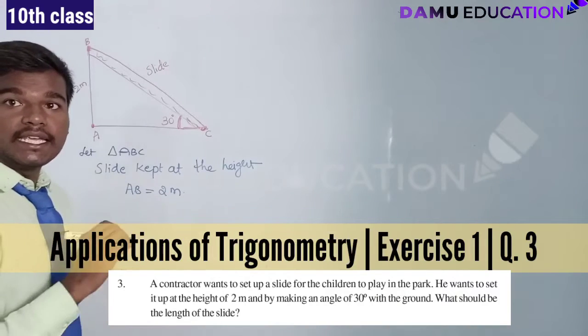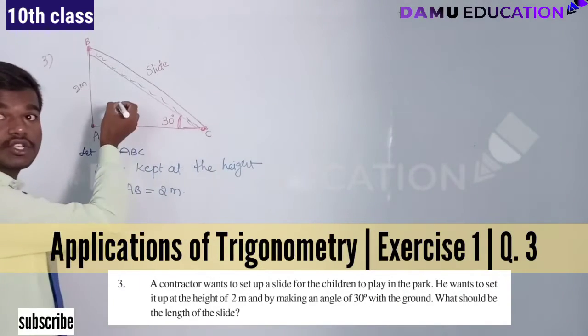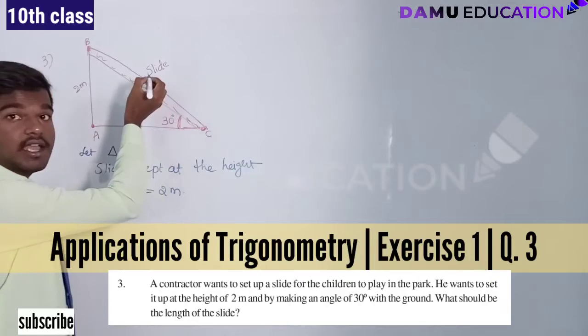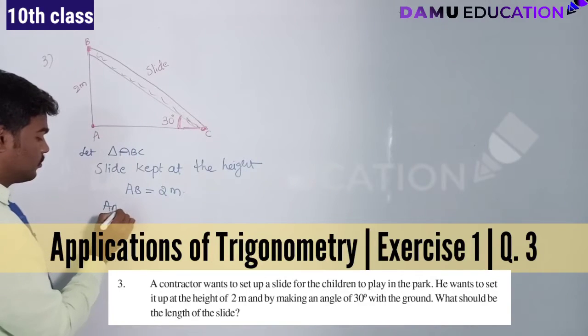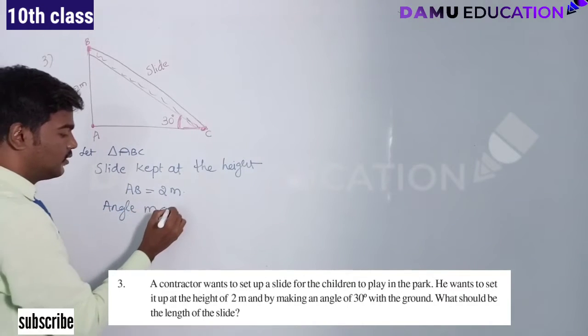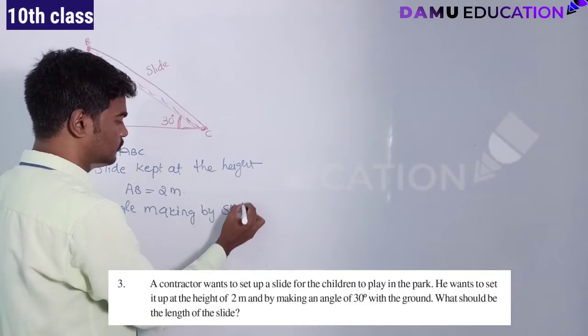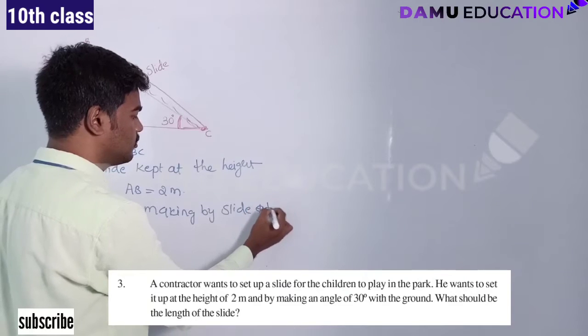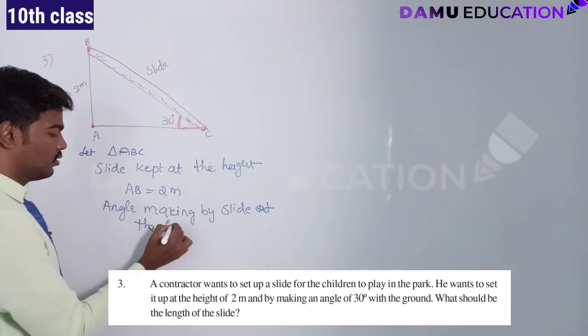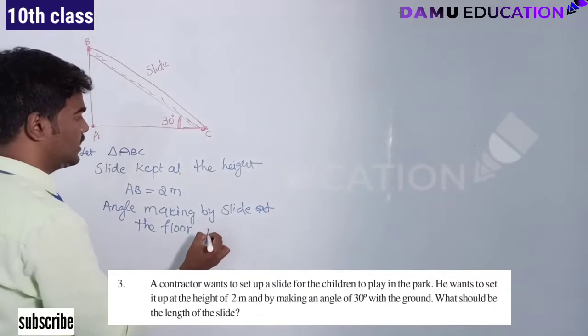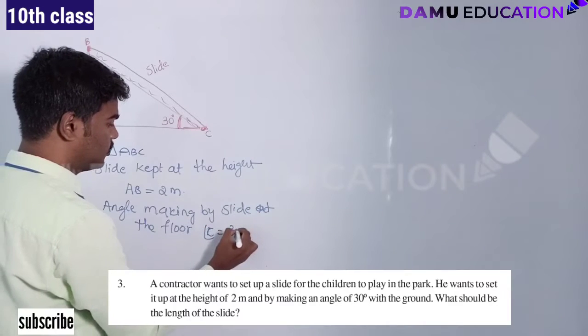Then the slide is making an angle, so that is the angle of elevation. This is the horizontal line, and above it is the angle made by the slide at the floor. So angle C will be equal to 30 degrees.